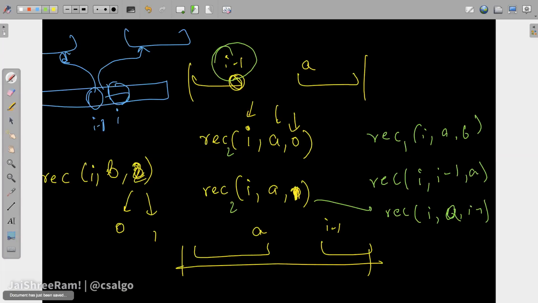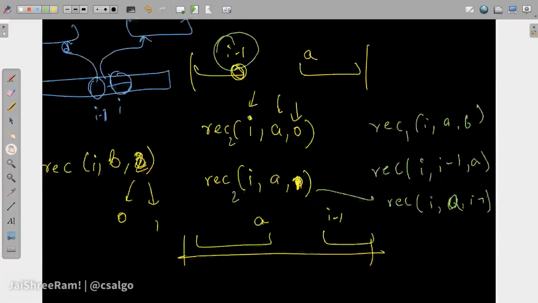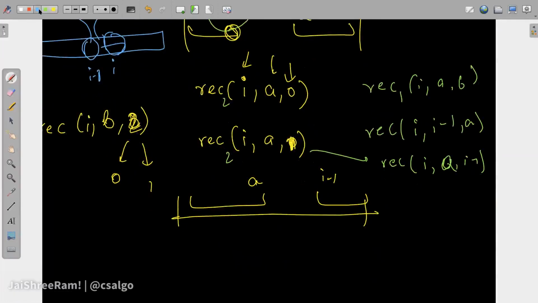So now with this we have a final state with which we can solve this problem. The state is i, the value of one side, and which one is i minus 1, and the other value. There are 2 possible values here, n possible values here, and n possible values here.